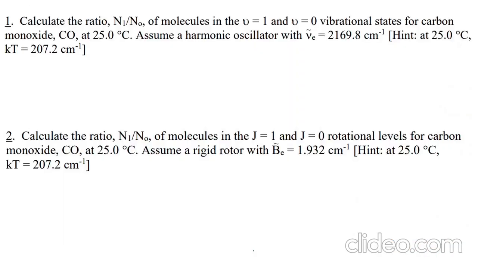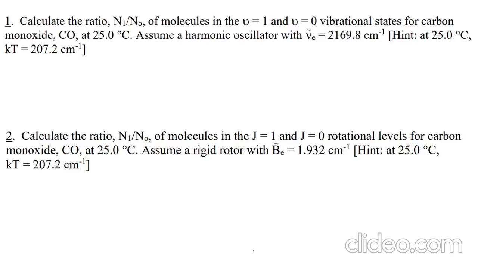Okay, so let us calculate the ratio of n1 by n0, the populations of molecules in V equal to 1 and V equal to 0 vibrational states for carbon monoxide at 25 degrees Celsius.